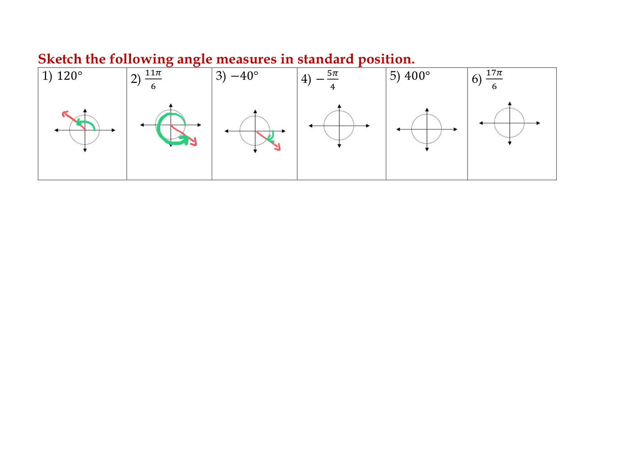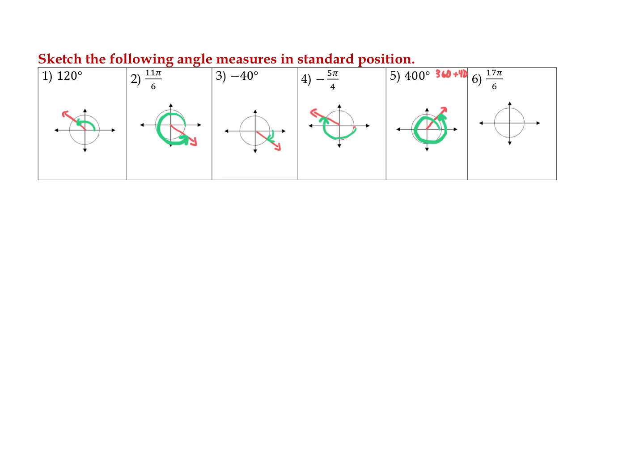And the negative 5/4 pi would take me over 1 pi and then a little bit more, 1 1/4, and it's in the negative direction. So that's over here in quadrant 2, and I'm going in the negative direction. 400 degrees is 360 plus 40, so it says I go around and then some. So I'm going to end up with 40 extra degrees, so it's over there, but I would start here and come all the way around, so that's more than the 360.